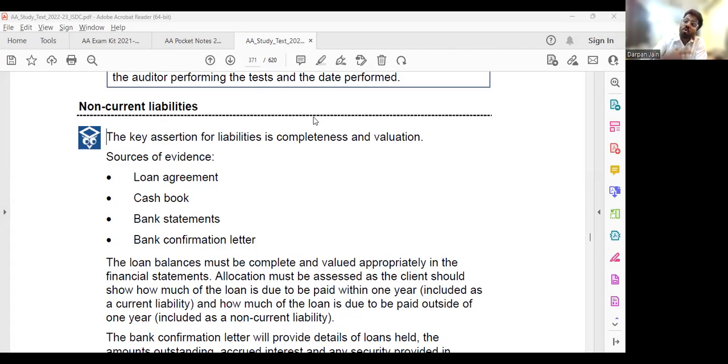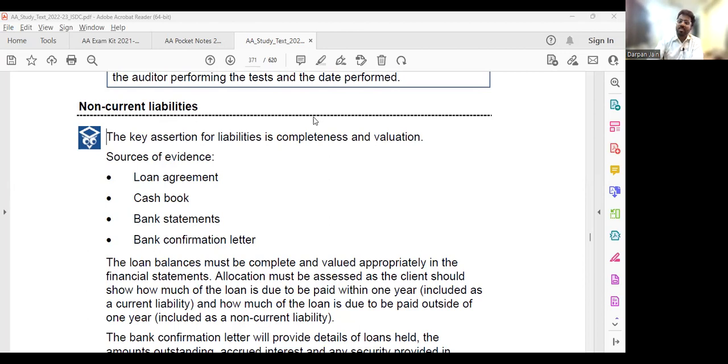No, you will show it under both non-current and current. The portion of the loan that is going to be paid in the next 12 months from the balance sheet date will be shown as a current liability, right? The installments, the principal due in the next 12 months, will be shown as a current liability. The remaining portion, which is due after 12 months, will be shown as a non-current liability.